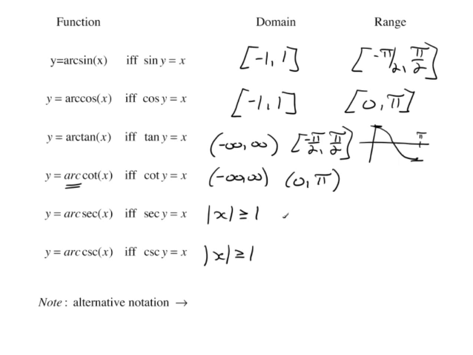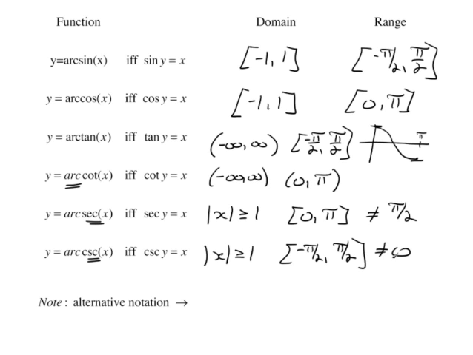And then, of course, if I restrict the domain of secant from 0 to pi, not equal to pi over 2. I think I said cosecant, sorry, I'm talking about secant. And for cosecant, if I restrict that domain from negative pi over 2 to pi over 2, not equal to 0, then I will have one-to-one functions.